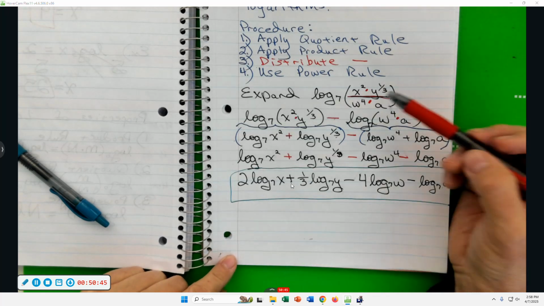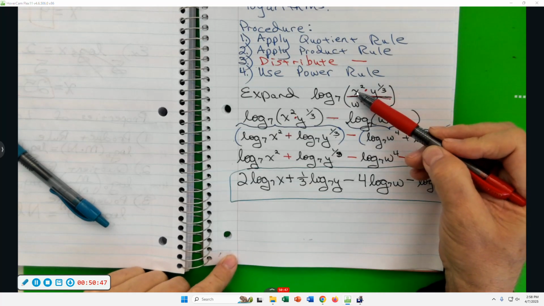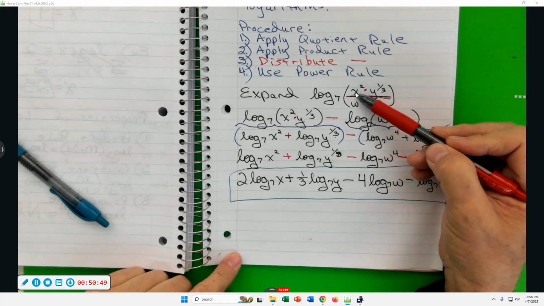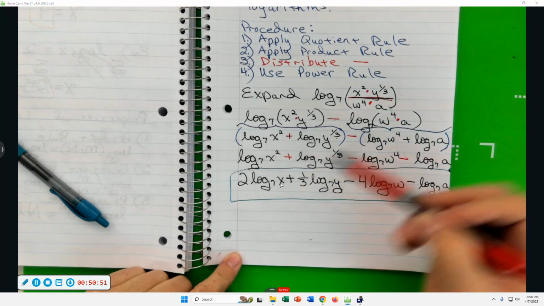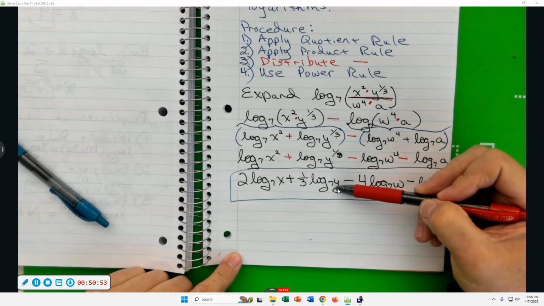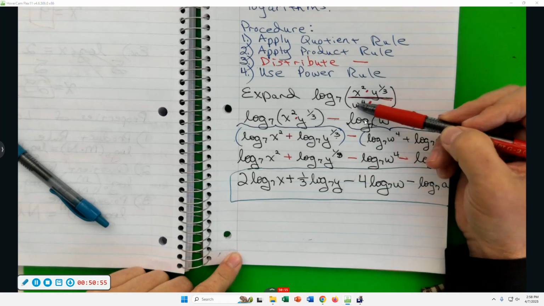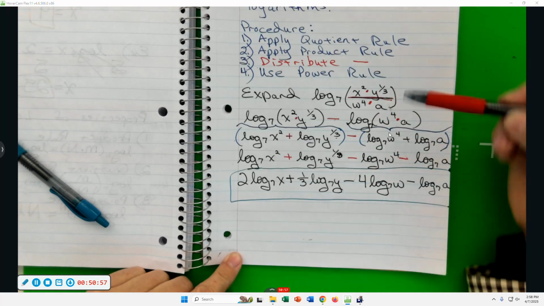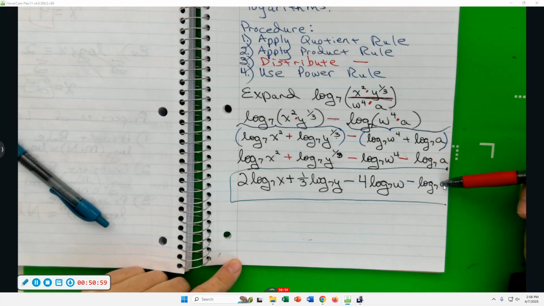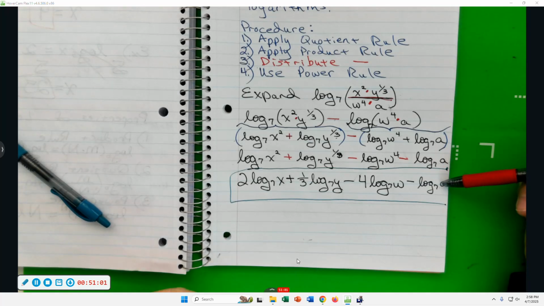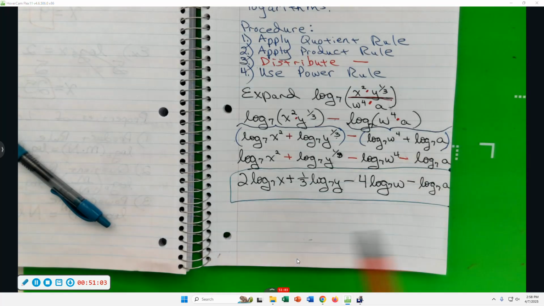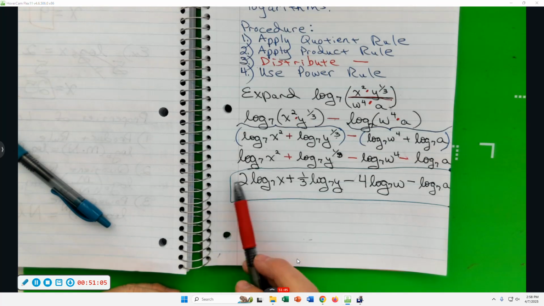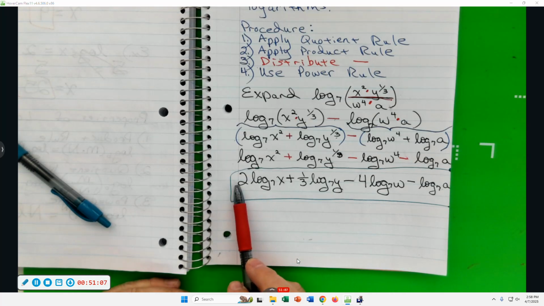Now, each individual factor became an argument. You had a factor of x, that became an argument. You had a factor of y, that became an argument. You had a factor of w, that became an argument. And an a became the argument. What determined the signs? The first 2 logarithms, notice there's no sign in front of that, so you assume that's positive.